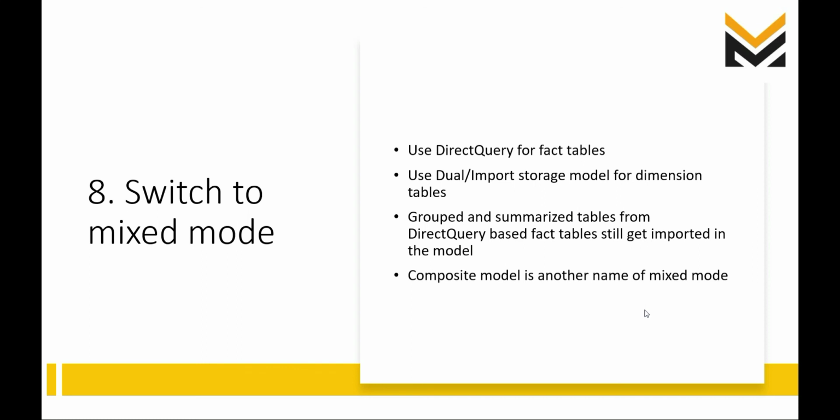So you can use DirectQuery storage mode for these fact tables, and for dimension tables you can use Dual or Import storage mode. This is how you switch to mixed mode, or to a composite model.